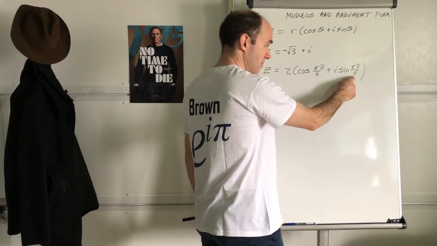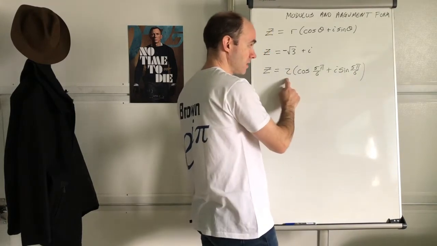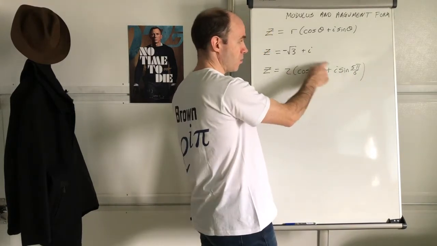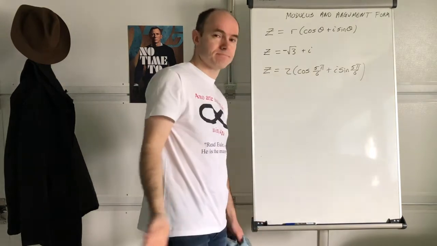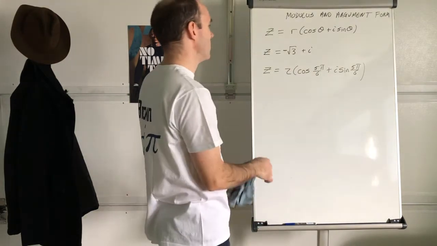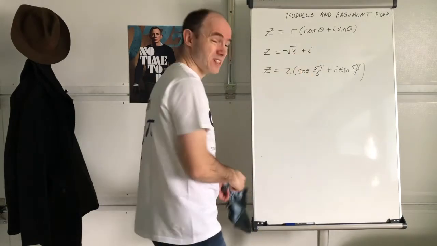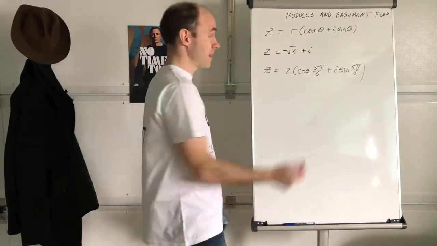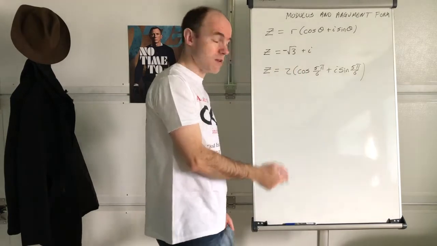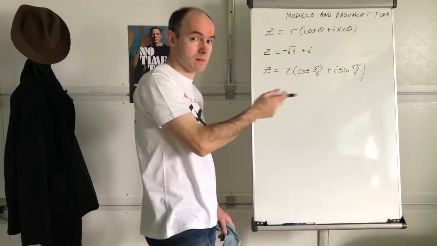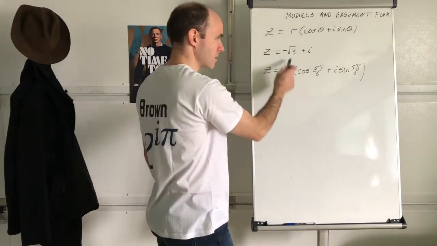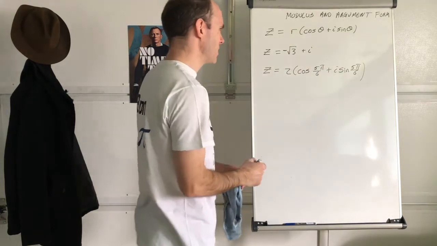Work out sine 5 pi over 6, times it by 2, and you get that, don't you? 1 i. Simple. Converting from this to this, well, we've just done it. We just found the modulus and argument of that. So it's very easy to convert between these two. But easier to do that because you just type in your calculator and away you go.